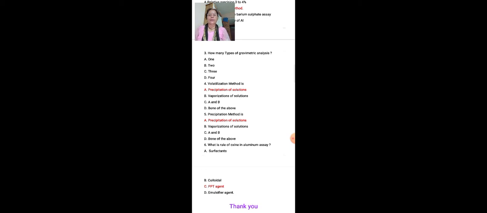First of all, dilution to make 100 ml, then pipette out, making the solution in a measured quantity. Second, use a correct precipitating reagent which removes the interfering radical. Third, digestion. Fourth, nucleation. Fifth, precipitate the correct element using the precipitating agent.